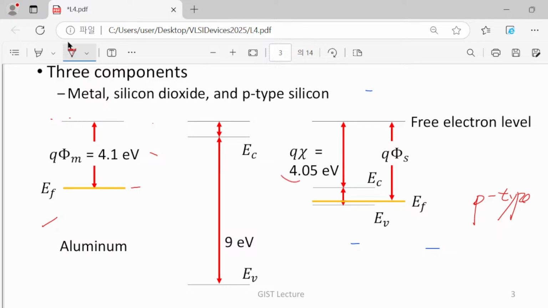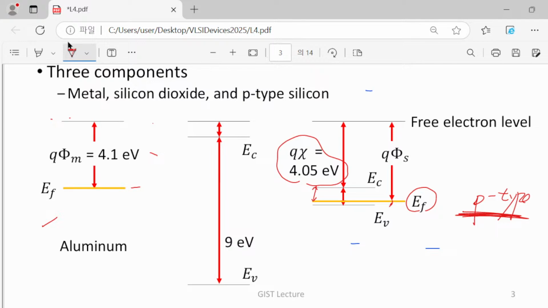Of course, here we have affinity, and in addition to this affinity, we have to consider the energetic difference between EC and Fermi level. If we have a high p-type doping, then maybe this EF will be quite close to the valence band maximum.